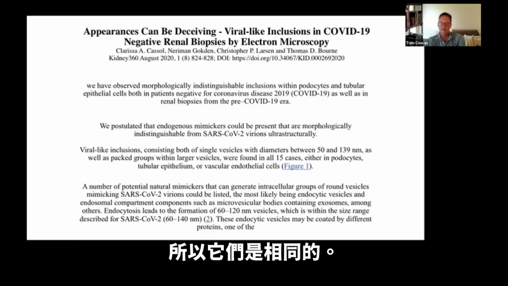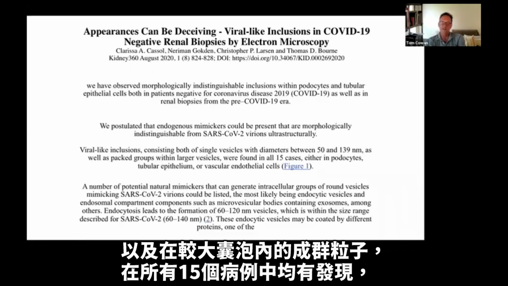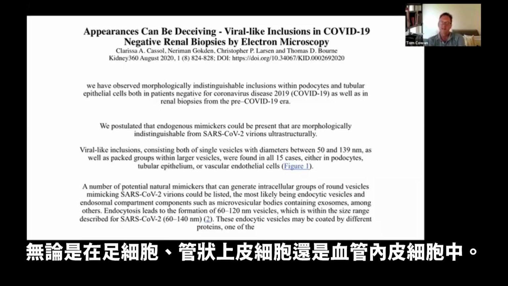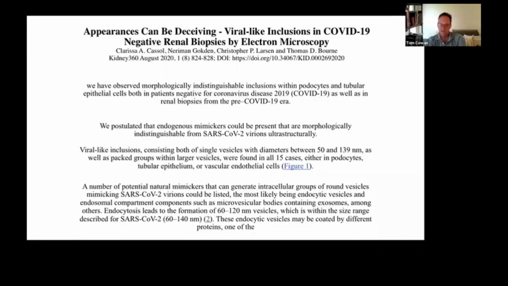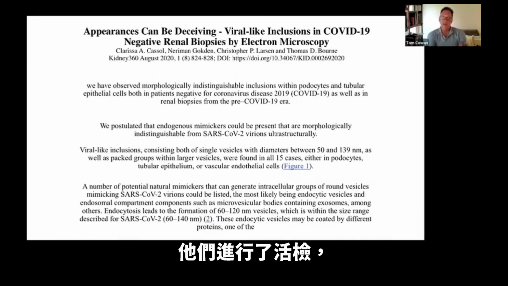Next quote: "Viral-like inclusions consisting both of single vesicles with diameters between 50 and 139 nanometers, as well as packed groups within larger vesicles, were found in all 15 cases, either in podocytes, tubular epithelial, or vascular endothelial cells." In other words, they looked at 15 cases in their kidney laboratory.